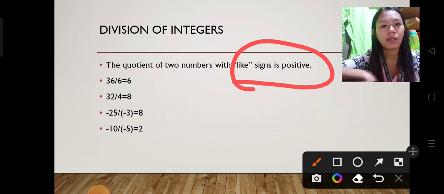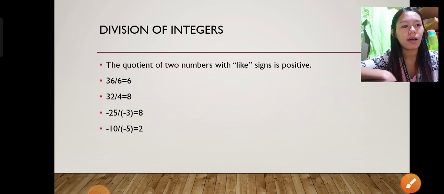Then third is negative 25 divided by negative 5 is equal to 5. Since they are both negative, they have like signs, so our answer is positive. Then next is negative 10 divided by negative 5 is equal to 2. Okay? Positive 2 because they both have the same or alike signs, so we answer this as positive.